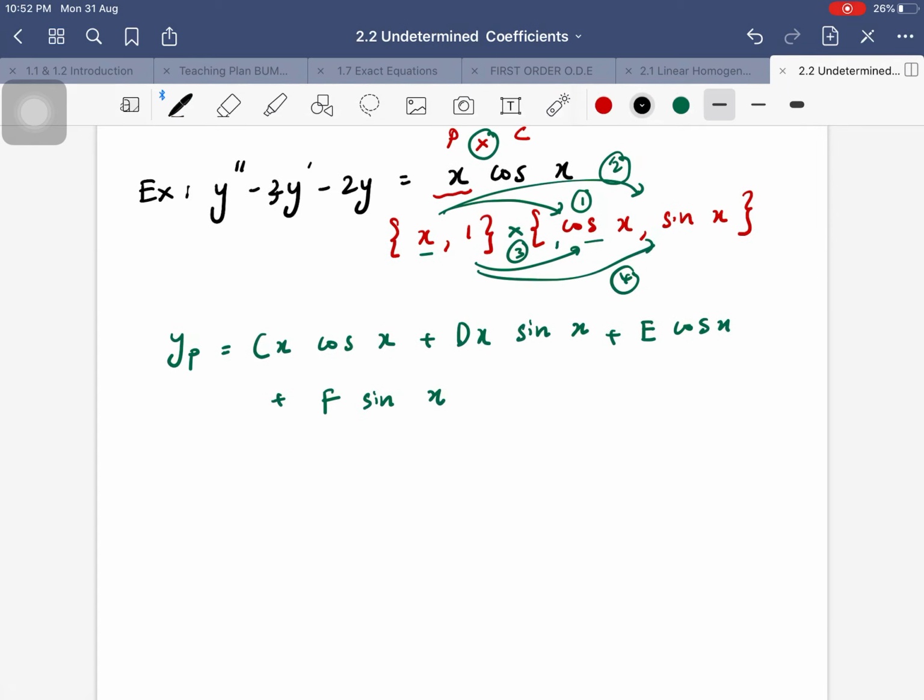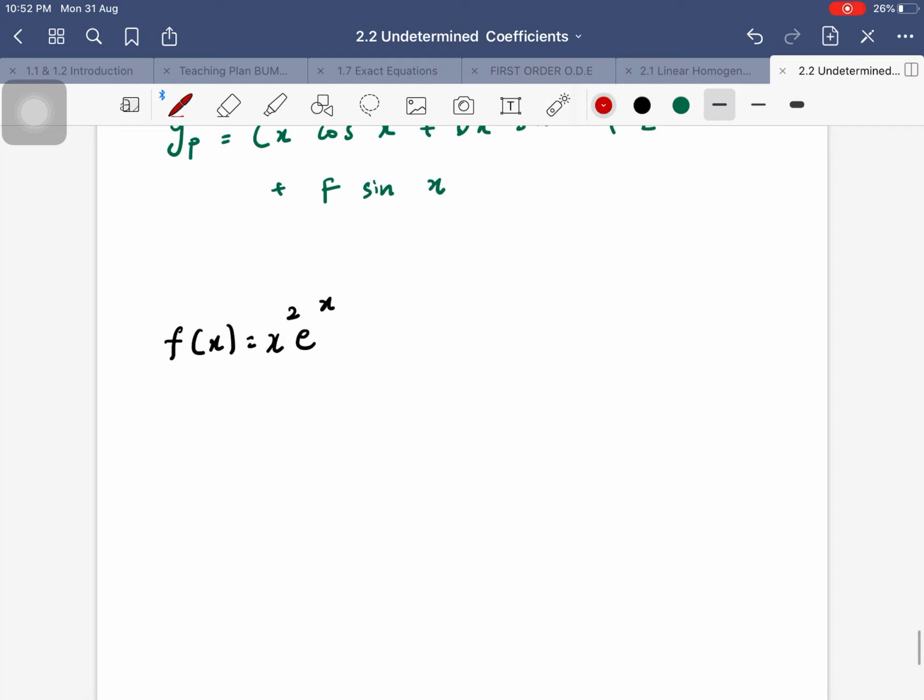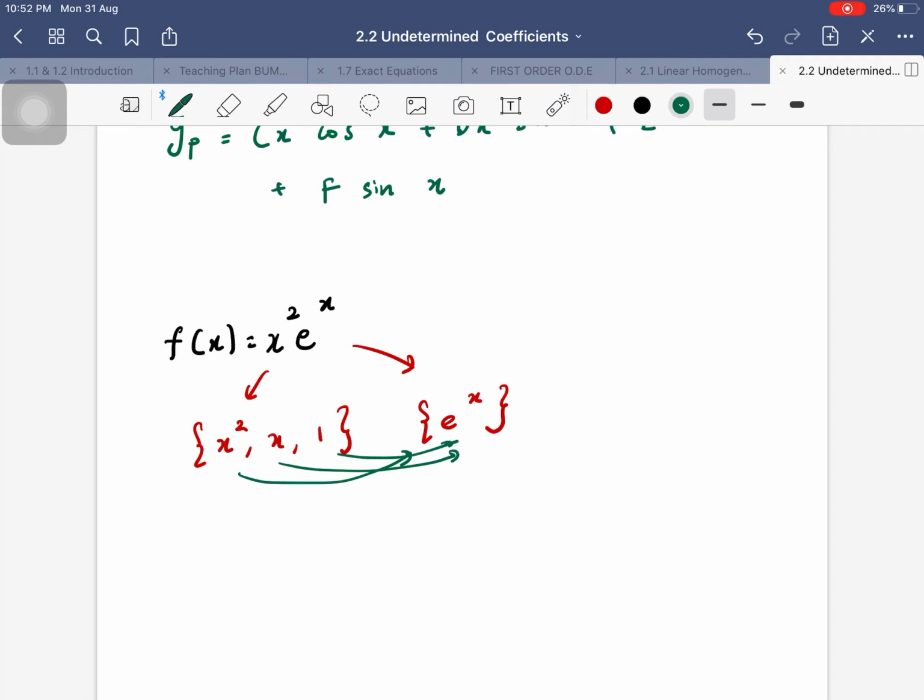Or if I were to show you another example, let's say my f of x is given by exponential of x multiplied by x squared. So it's going to be pretty much similar. For this one, I'm going to have x squared, x, and also 1. And this one is going to be exponential of x. If I multiply, I'm going to end up with 3 terms.